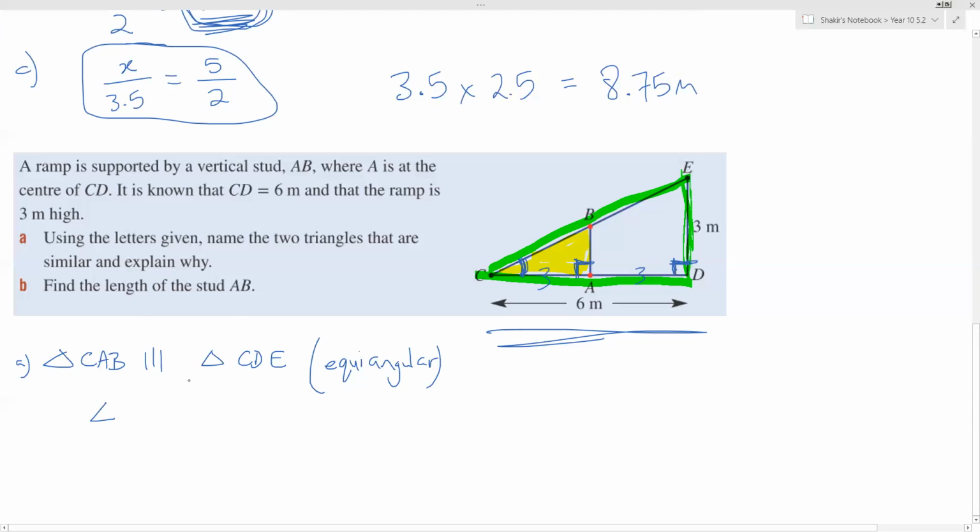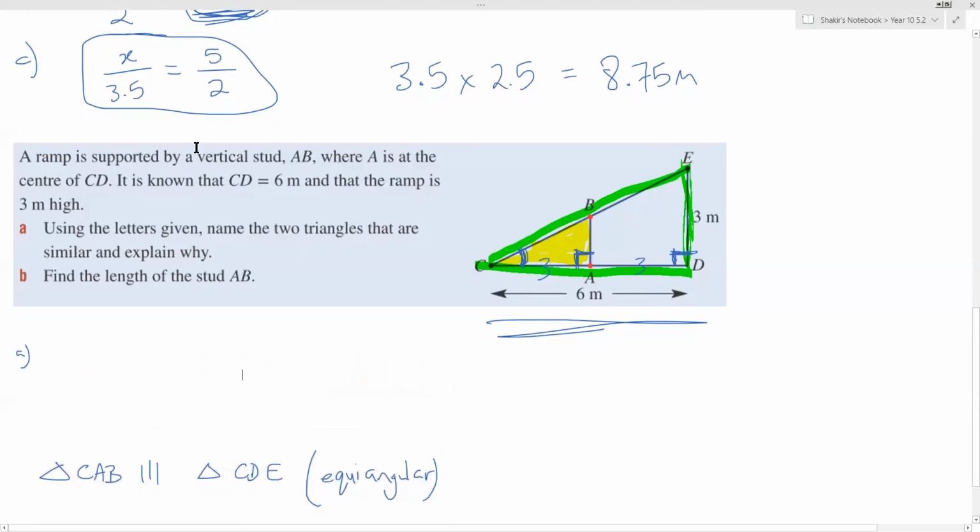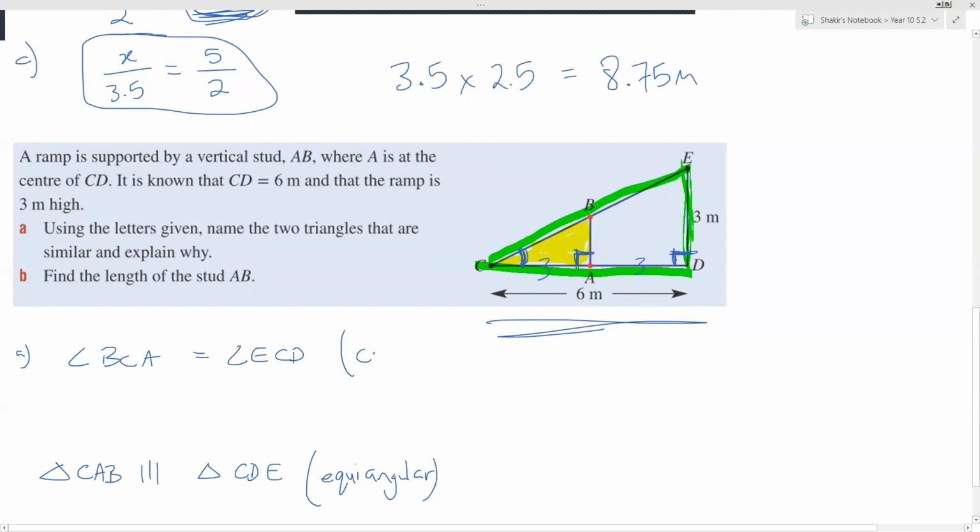But if you had to explain, give complete reasons, then we'd write angle BCA is equal to angle ECD, and the reason is that angle is common.